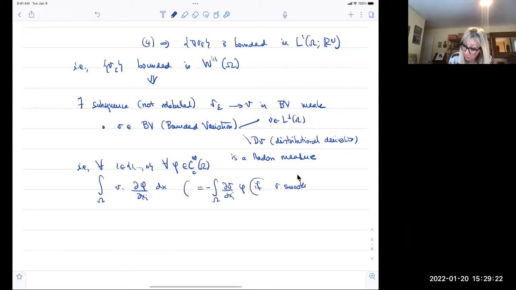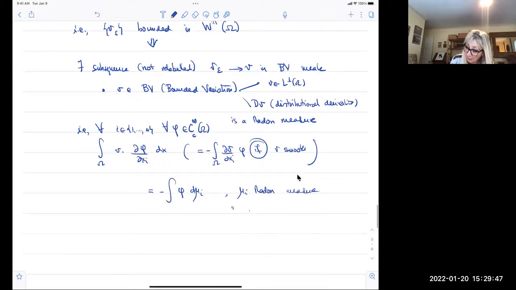But that's not the case. My v won't be smooth because it has only two values, 0 and 1, so it's not continuous. But what it means is that I can write this as an integral of the function phi against a Radon measure mu_i. So you identify the partial derivative of v with this measure mu_i. That's essentially what you're doing. That would be another lecture.